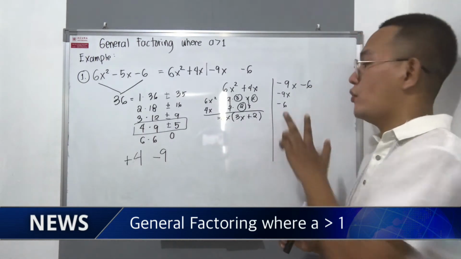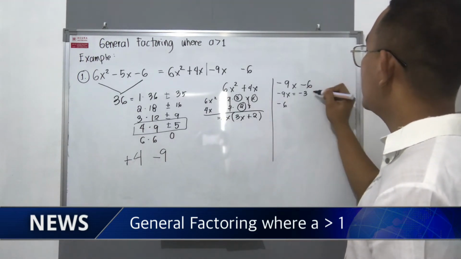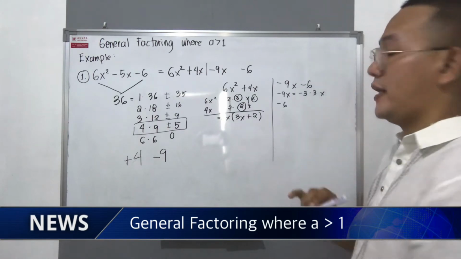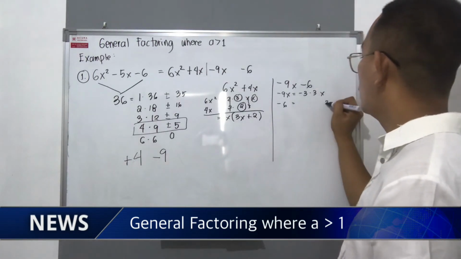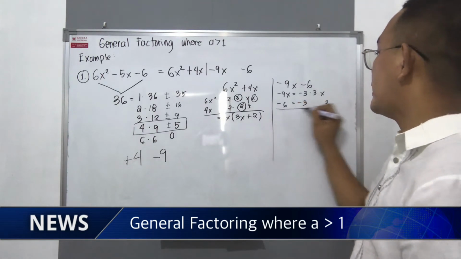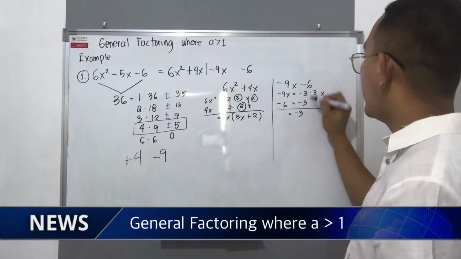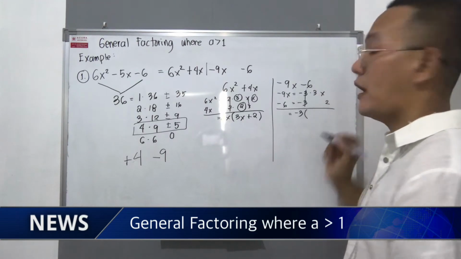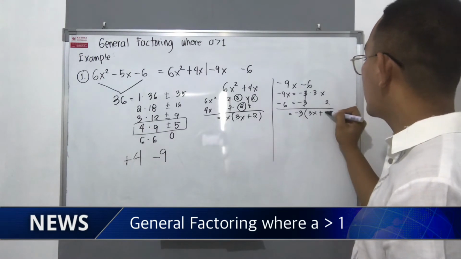This time isama natin yung negative. Ang factor ng negative 9 is negative 3 times 3 times x. Ang factor naman ng 6 ay 2 times negative 3. Anong kanilang GCF? Negative 3. Then, ang kanilang second factor ay 3x plus 2.